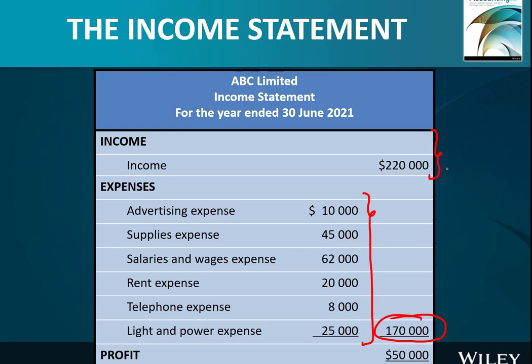Income is greater than your expenses, so in this case you get a profit. How much is the profit? 220,000 minus 170,000 gives you a profit of 50,000. However, if your income is lower than your total expenses, the business suffered a loss.